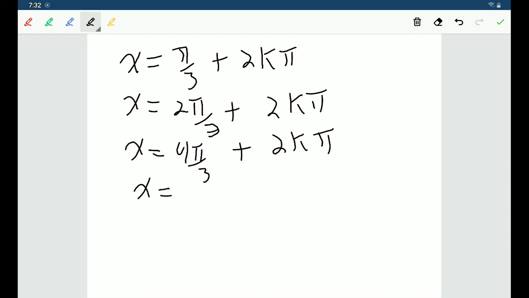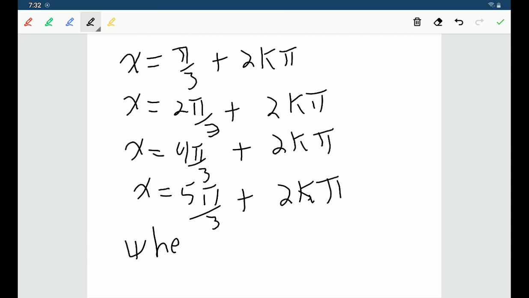And 5 pi over 3 plus any multiple of a full circle. So these are all the solutions, or in other words, these are the general solutions to that original equation. I should just write here, of course, that k is an integer, and then there we go.